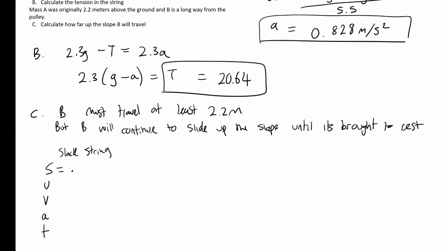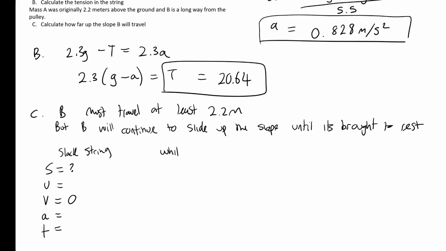We don't know how far it goes while the string's slack, we need to work that out. We don't know how fast it's travelling. We know that by the end, when it's travelled its maximum distance, B must stop instantaneously. We don't know its acceleration, and we don't know the time it travels for. So we know almost nothing there, so we should consider another suvat.